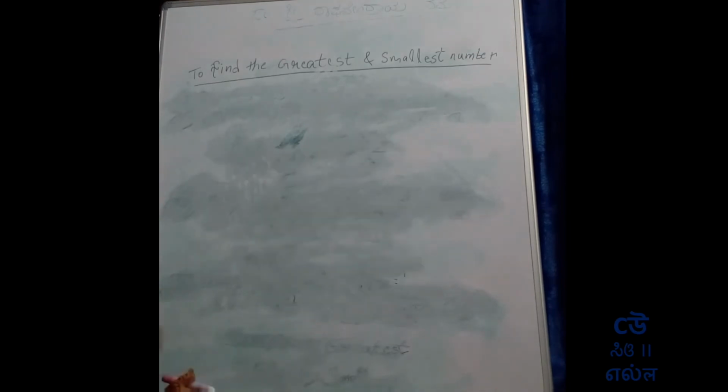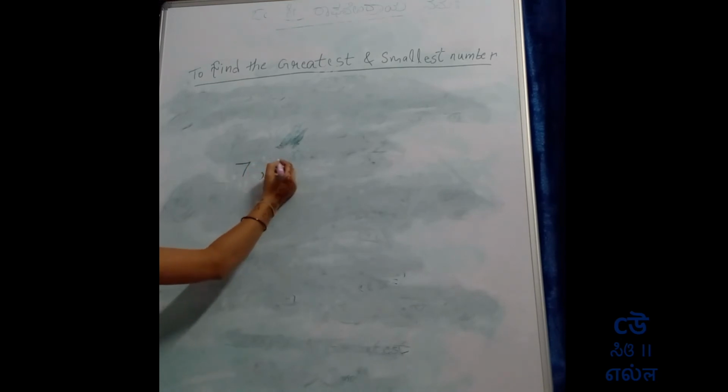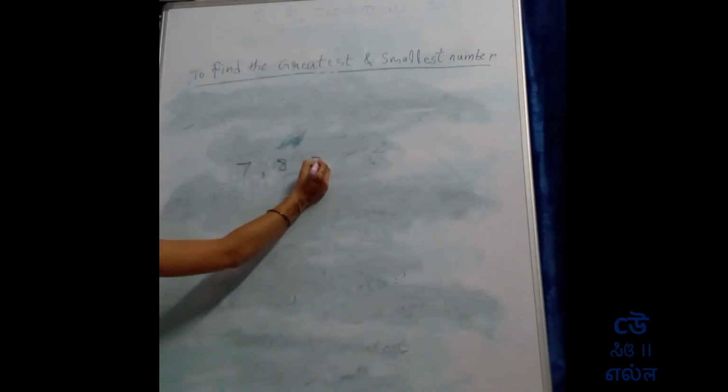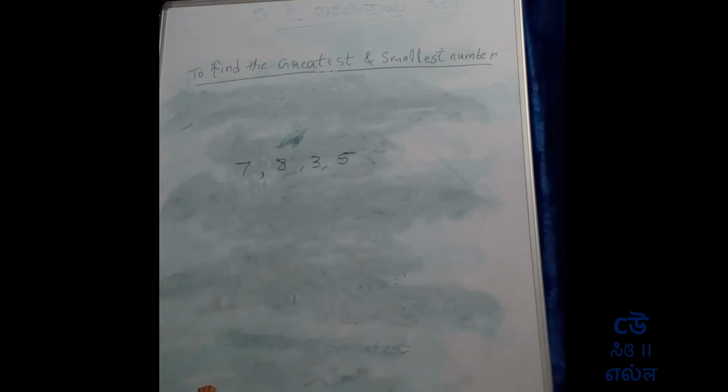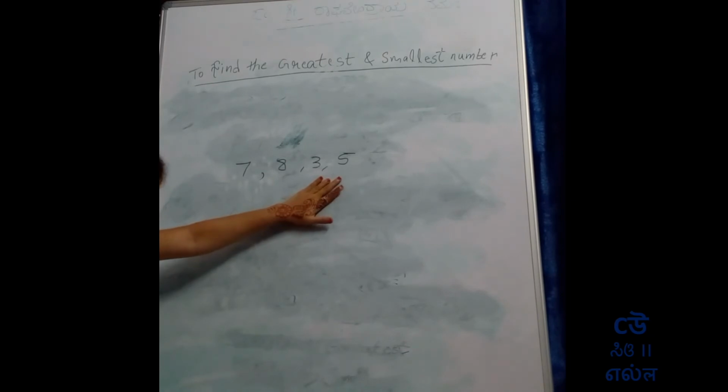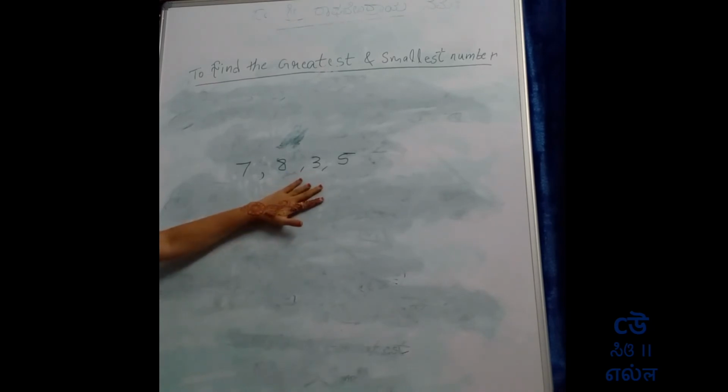See how many numbers we can make with 4 digits. For example, consider 7, 8, 3, 5. Using these 4 digits we have to make a 4-digit number in such a way that no digit is repeated.